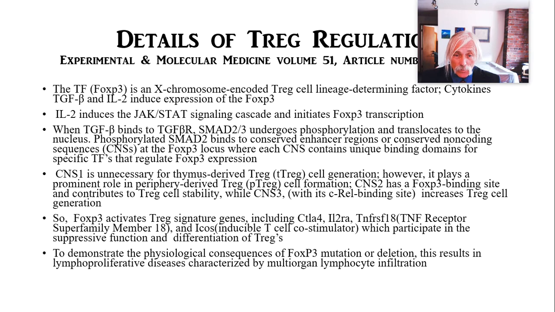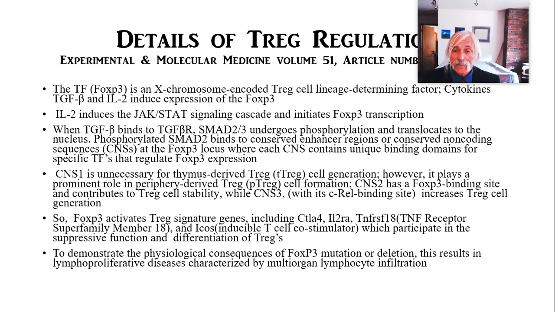Phosphorylated SMAD2 dissociates, binds to a conserved enhancer region in the DNA, or a conserved non-coding sequence, those are called CNSs, at the FOXP3 locus, right? This is all at the chromatin remodeling stage within the DNA, right? The chromatin. And what happens there, of course, is that you get unique binding domains for those specific transcription factors that follow distally, right? So you're going to have more than one transcription factor. Remember that this FOXP3 is just kind of the global initiator of the process.